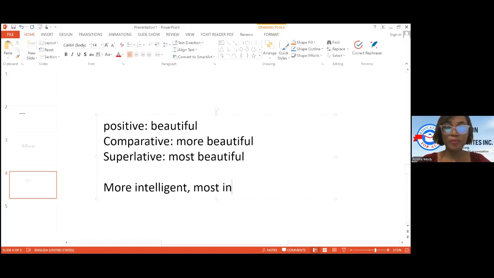So I can say Paul is the most intelligent boy in class, or we can say Paul is more intelligent than Samuel. So you see, it compares two things. There are some adjectives that take more, most, and there are other adjectives that take er and est. These are the two different kinds of comparative and superlative adjectives that we have.